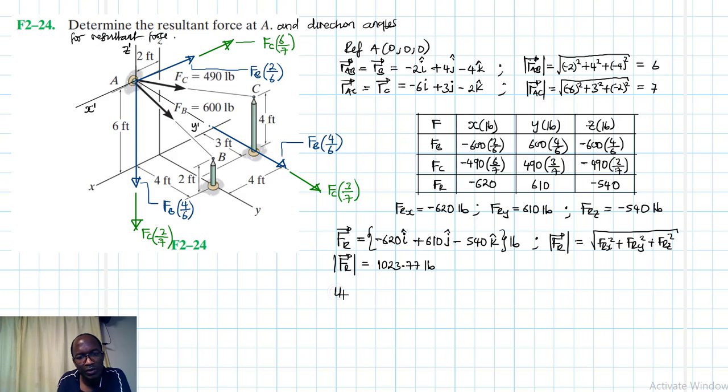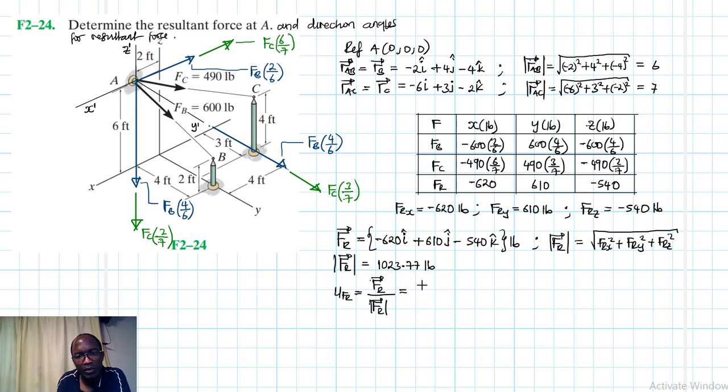We're going to use the unit vector. Unit vector for the resultant force is just going to be equal to FR vector divided by its magnitude.